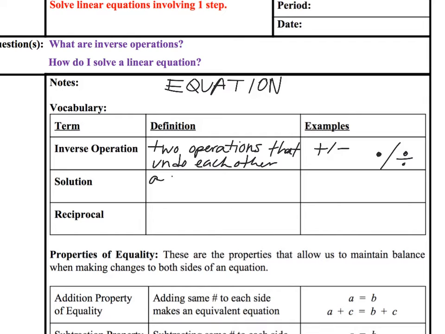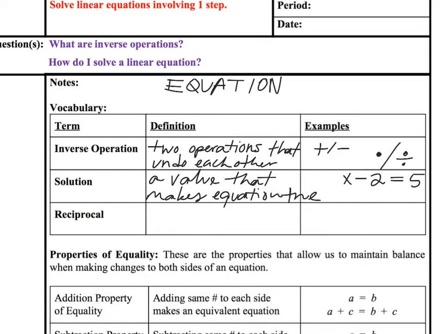So a value that makes the equation true. Let's make a super simple equation over here. Let's do x minus 2 equals 5.